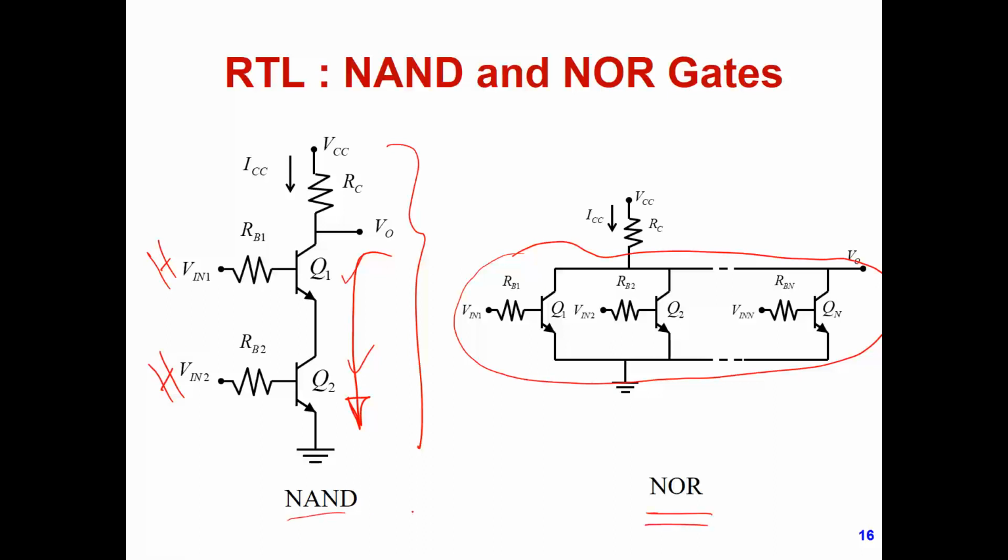On the NOR gate, if any of the inputs is high, then the output will be connected to a low voltage, which is the NOR gate. And this concludes my lecture on RTL, and I'm going to go to the next circuits in other lectures. Thank you very much.